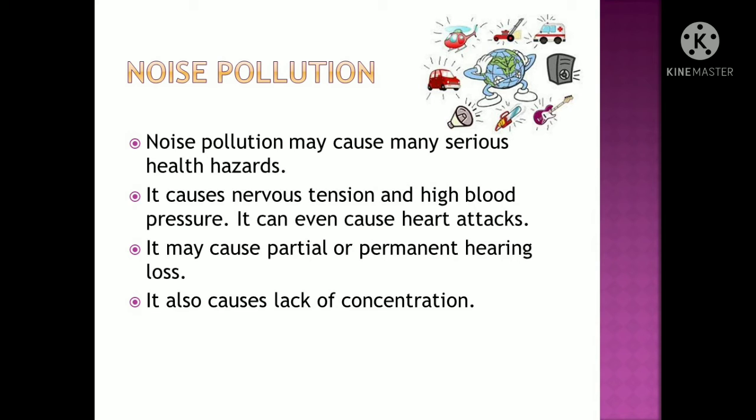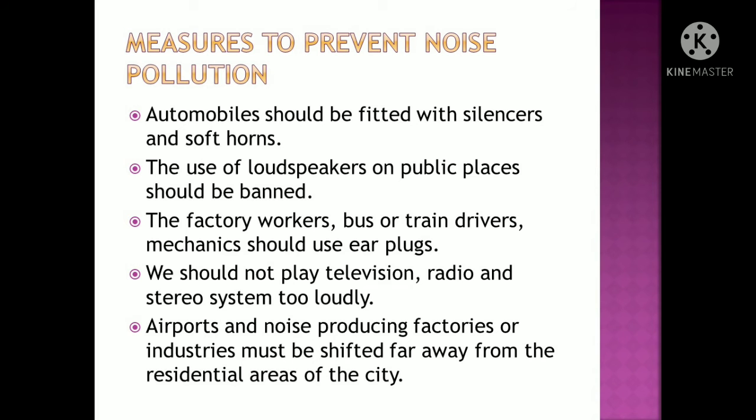So what are those measures? Let's see. Measures to prevent noise pollution. Automobiles should be fitted with silencers and soft horns. The use of loudspeakers in public places should be banned. Factory workers, bus or train drivers, and mechanics should use earplugs.